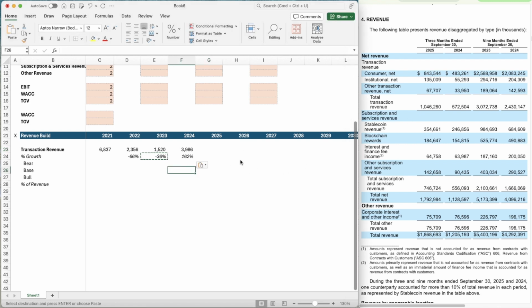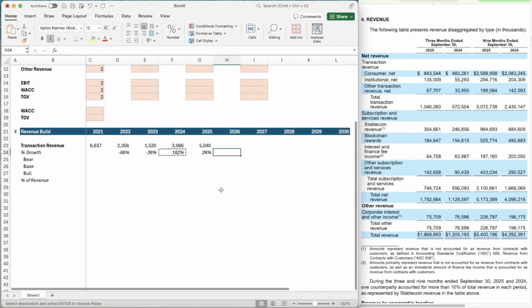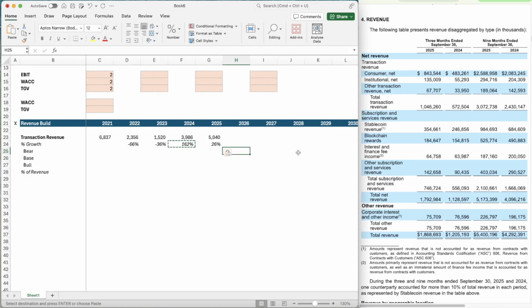So we can say let's go 3986 divided by 2430.147. That gives us our multiplier 1.64. Take this 3072.738 multiplied by 1.640279. Okay, so we anticipate that they'll do about 5 billion in revenue by the end of this year for transaction.